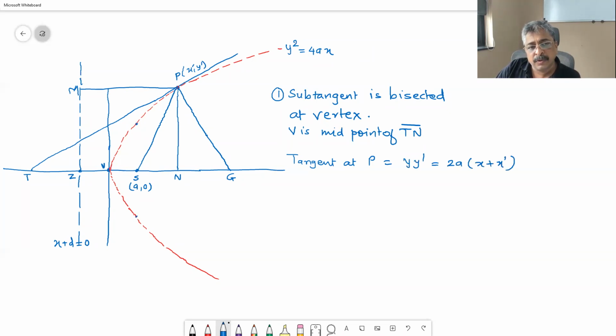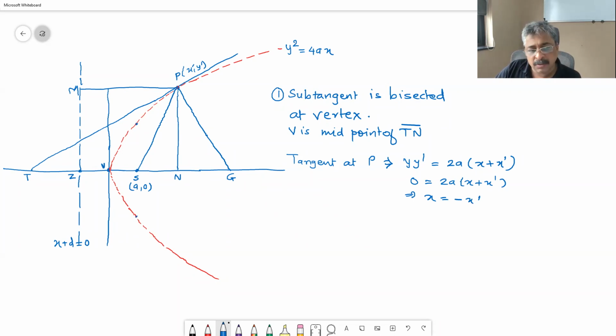That is our tangent, and we want that tangent to intersect the x-axis, that is y is equal to 0. So 0 is equal to 2a into (x plus x'). Therefore, x is equal to the opposite of x'.